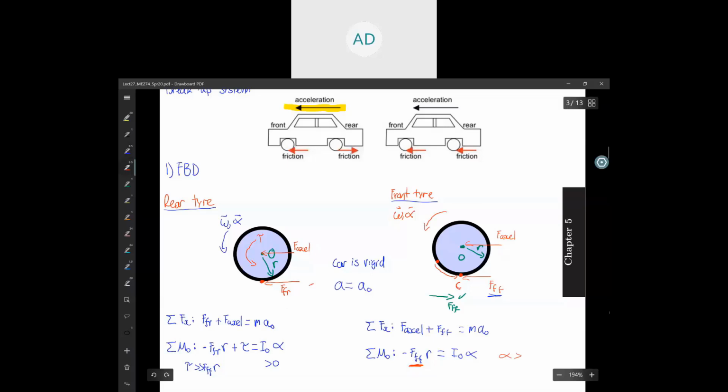So here I am assuming that left is positive, all right? So what does that tell us? Well, it also tells us that this is positive. So of course, the force of the axle needs to be much larger than the friction force, which is going to be in the negative direction in this case.